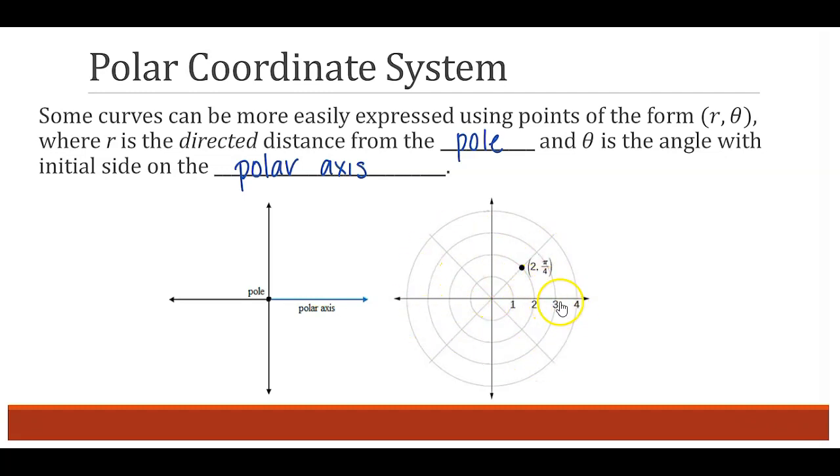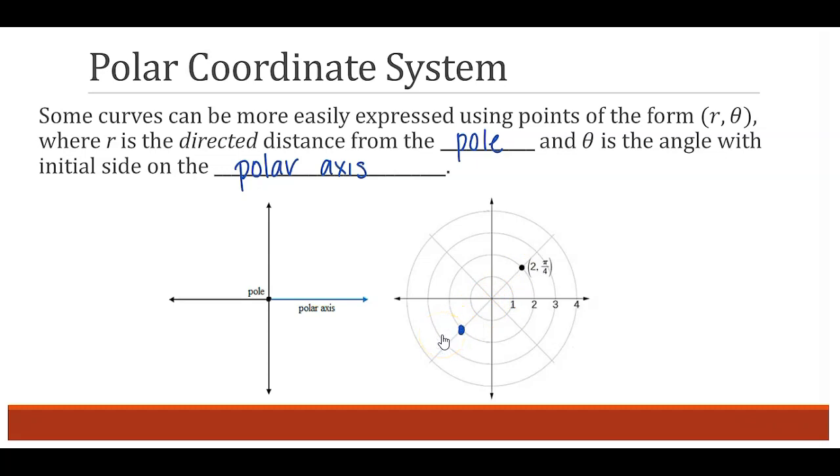So you'll usually find that the polar coordinate system looks like this, where only the polar axis is labeled, and we have these rings to help guide us a particular distance away from the pole. So now, just for practice, let's see what the polar coordinate (-2, pi over 4) would look like. So we would go to the angle pi over 4, and instead of going towards pi over 4, because we have a negative directed distance, I would go 2 units away from the pole.